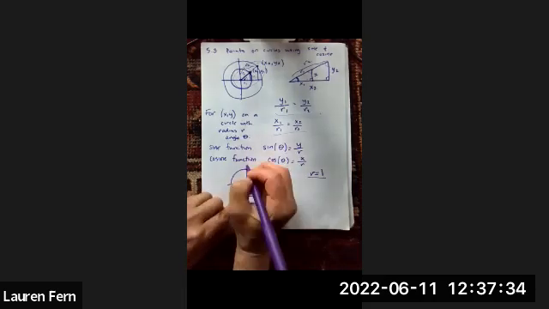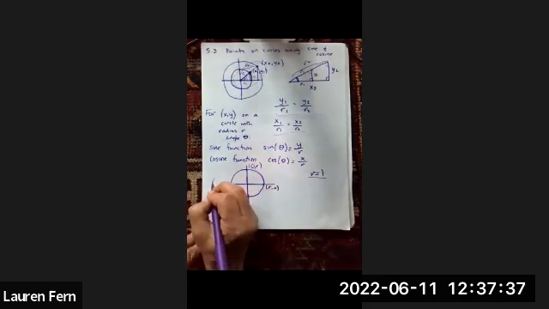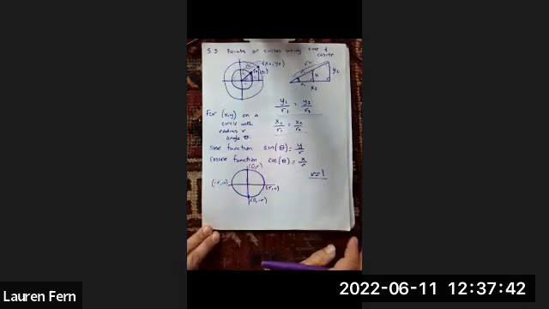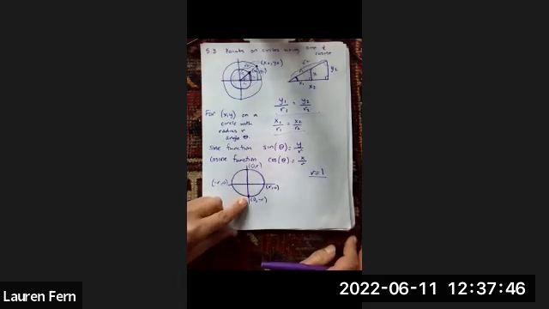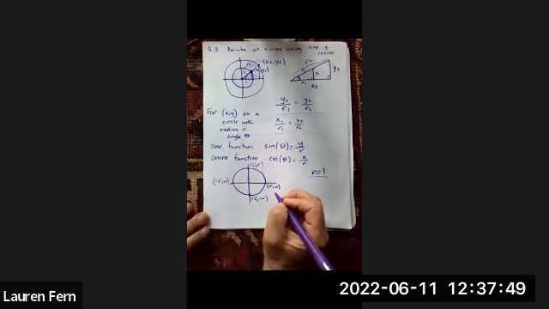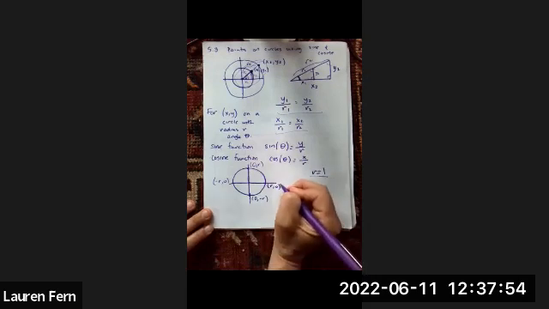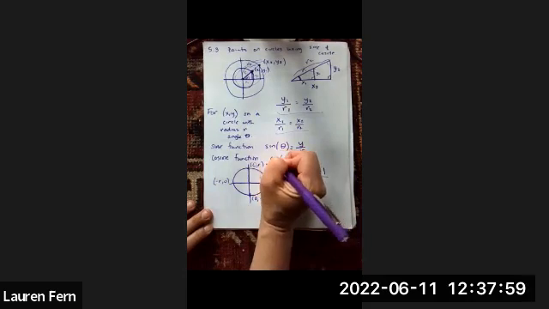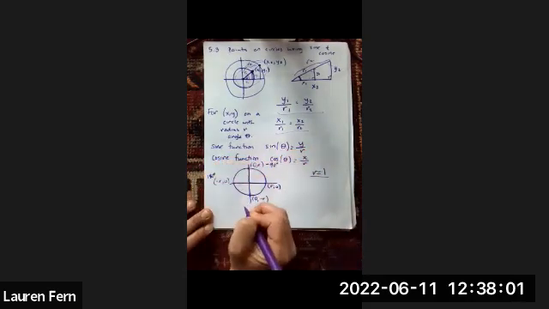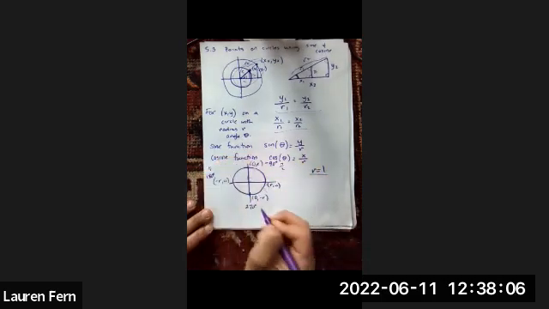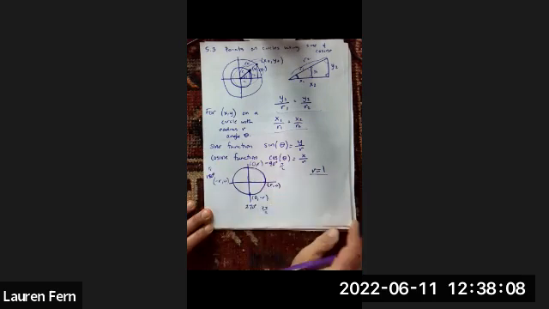That would be the points (r, 0), (0, r), (negative r, 0), and (0, negative r). The first thing that I want to point out is, notice this corresponds with 90 degrees, 180 degrees, 270 degrees. Or we can think of that as pi over 2, pi, 3 pi over 2, etc.